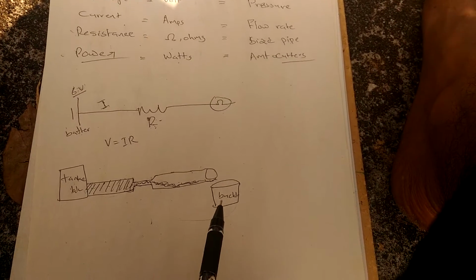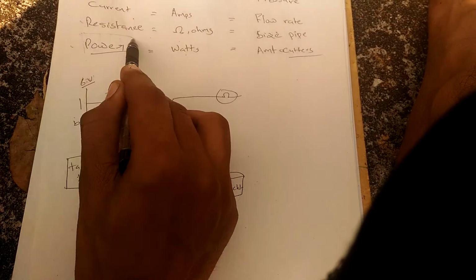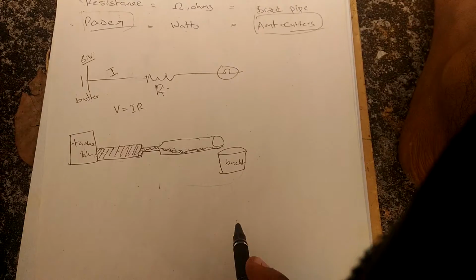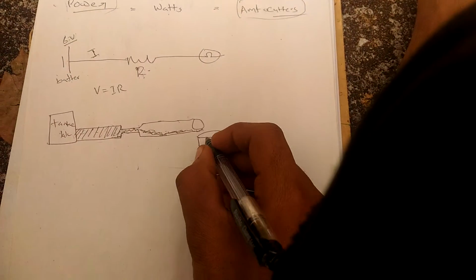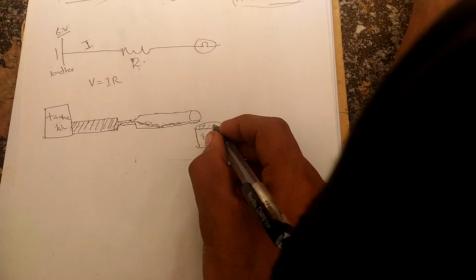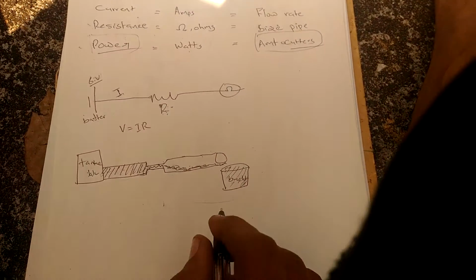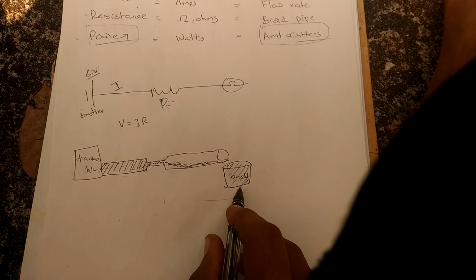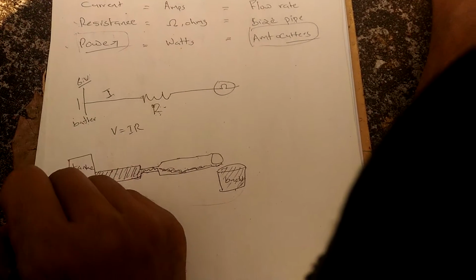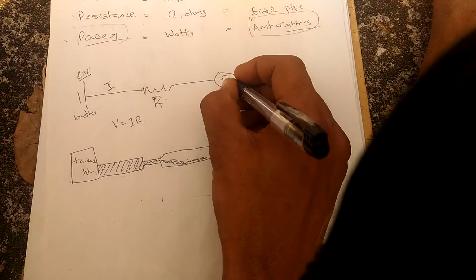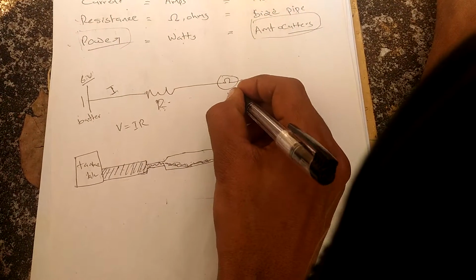Now we can move to the final concept, power. Power usually means the amount collected, the amount used. Here we are collecting one bucket of water. That means, just to light this, let this be a 10-watt bulb.